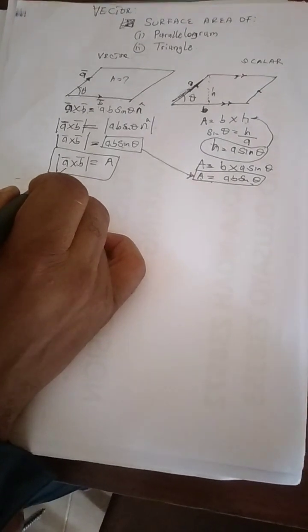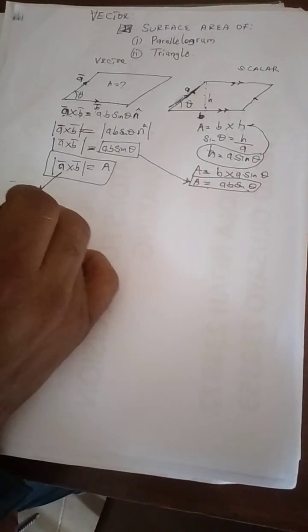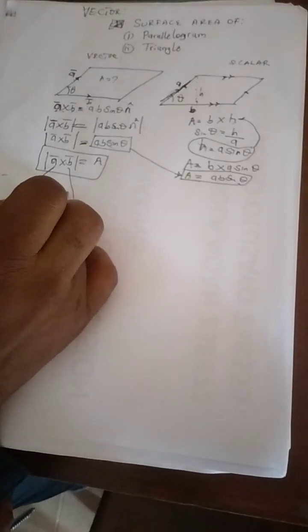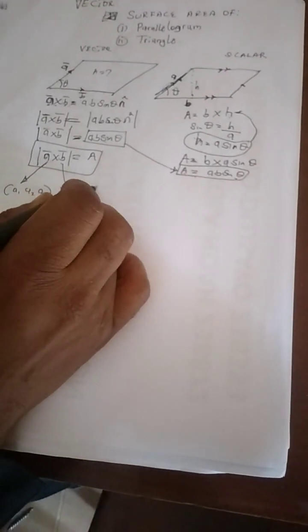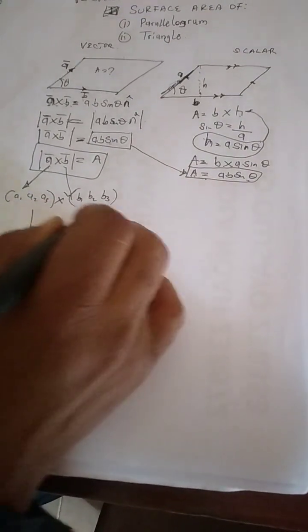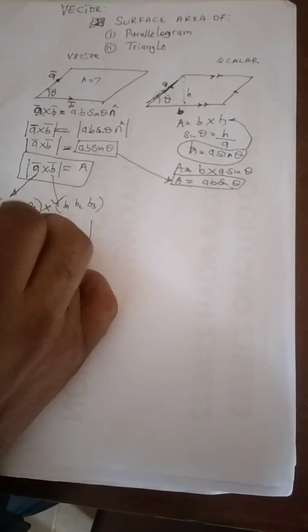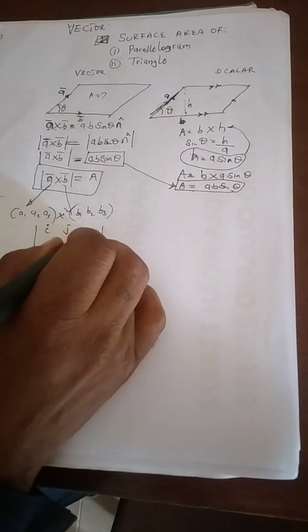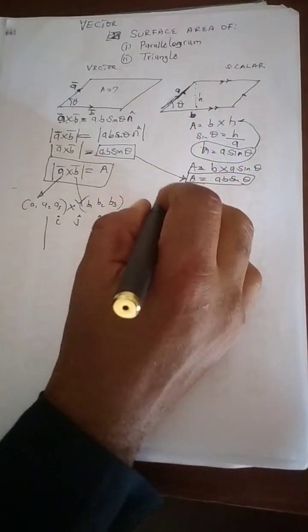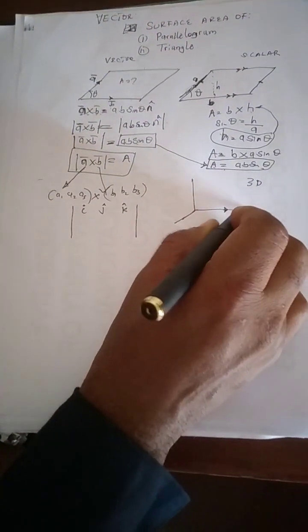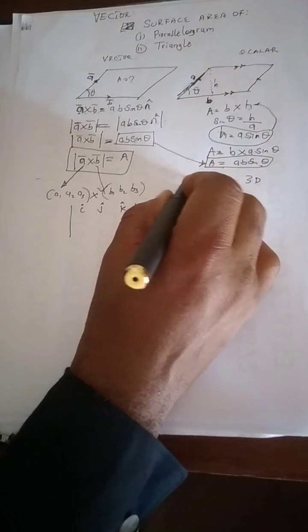So your question can come like this: you may be given the coordinates of vector a as a1, a2, a3, and vector b as b1, b2, and b3. To find the cross product of this, you just use the determinant. You put the unit vectors in the direction of the x-axis, y-axis, and z-axis. It is expected that you understand what I'm talking about when you have 3D space.